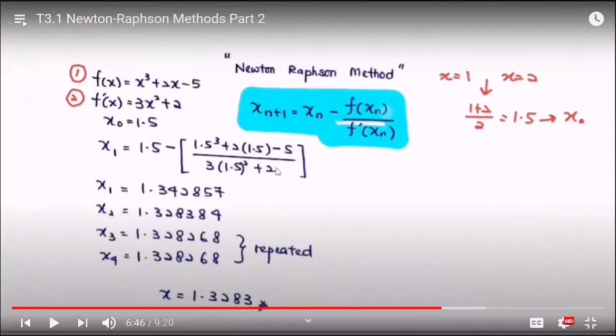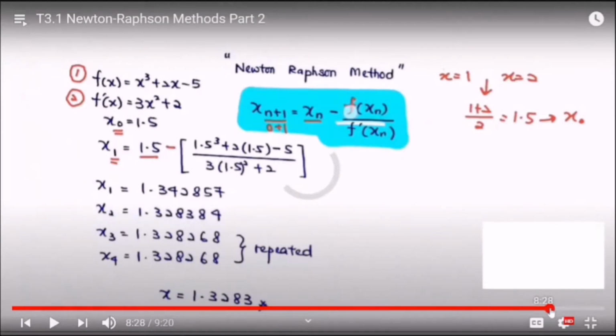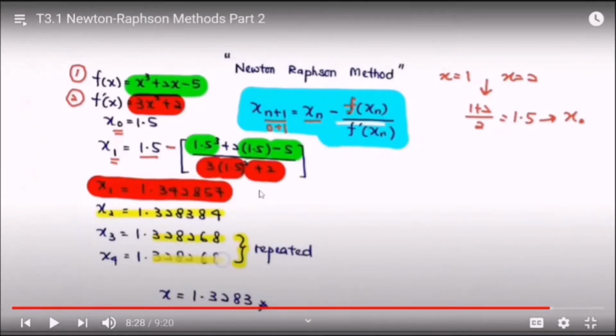Faham? Boleh? Kemudian you tekan calculator, you key in, you calculate, then you dapat answer, sehingga you nampak ada benda yang berulang. Then tulis, repeated, then berhenti.